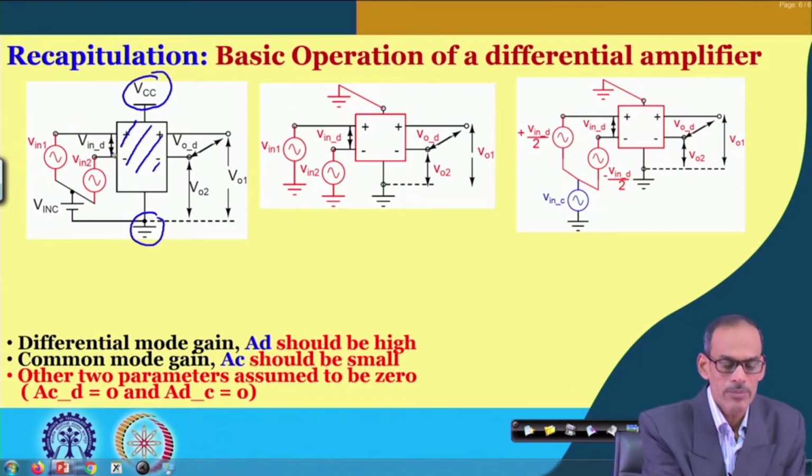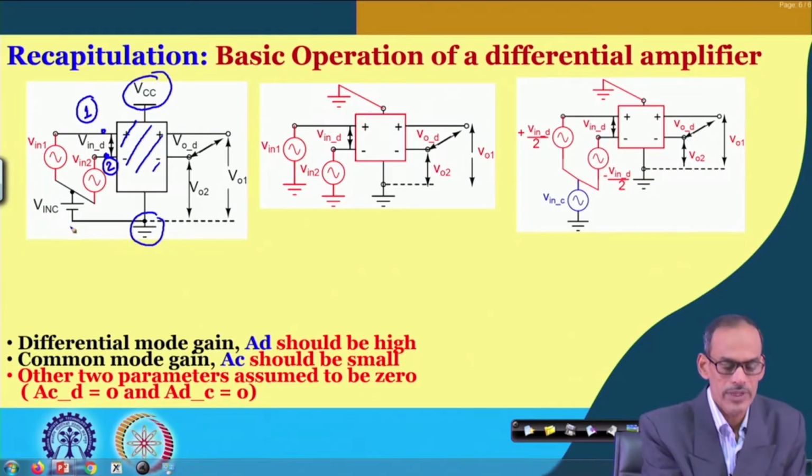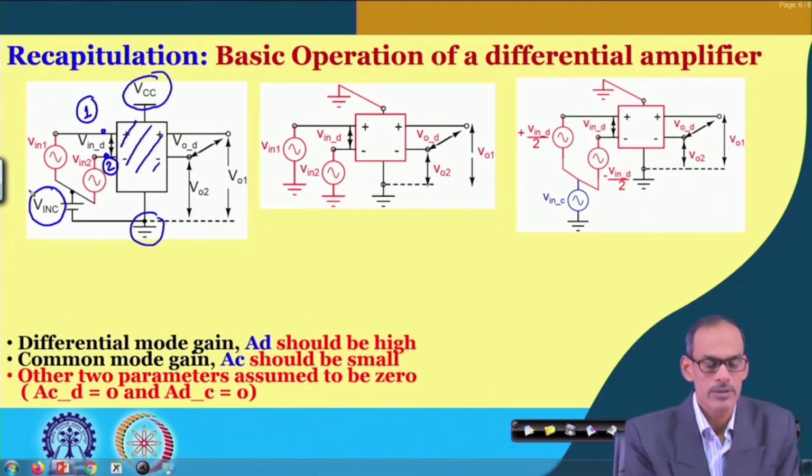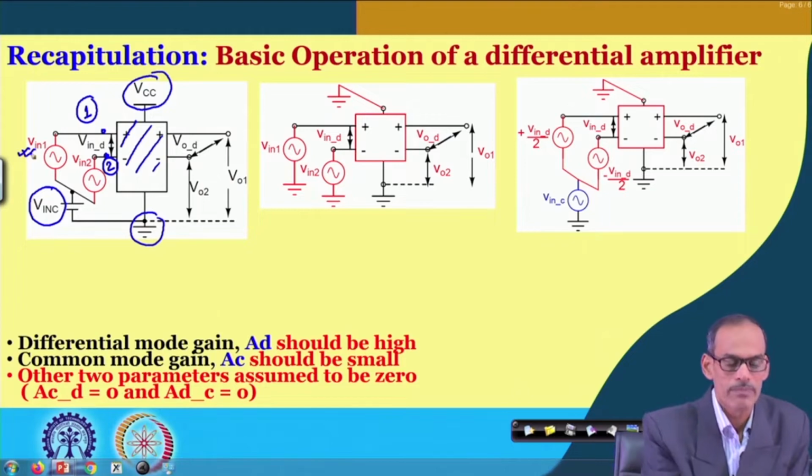At the input we have the differential input port having two terminals 1 and 2, and at this input we are giving a voltage signal. It has a meaningful DC part, and on top of that we have two signals, V in 1 and V in 2.